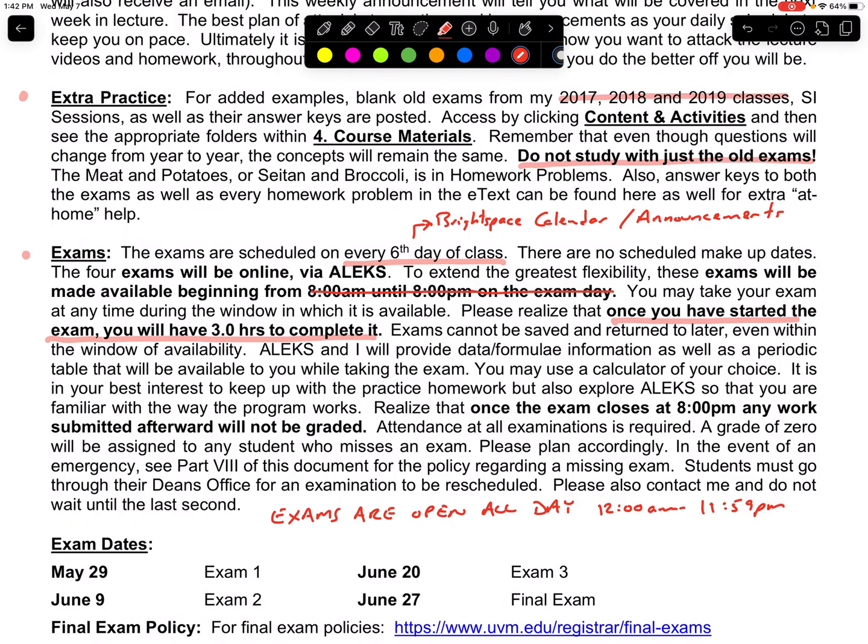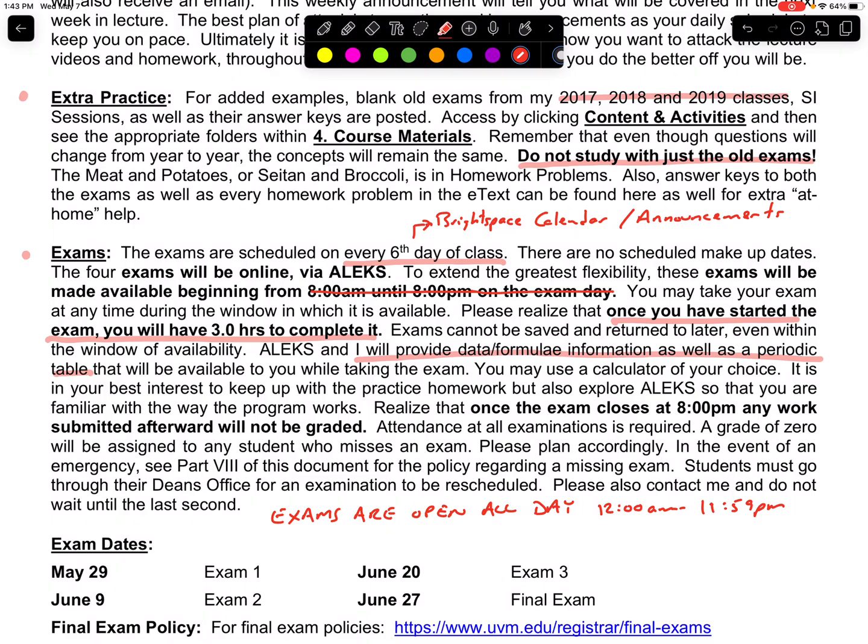So make sure that you're taking the exam at the best time for you during the day, when you're the most awake, when you have no distractions, and when you have a very good internet connection. I will provide a data information sheet as well as the periodic table for you to utilize while you're taking the exam. That's the only piece of information you can use outside of the actual exam.